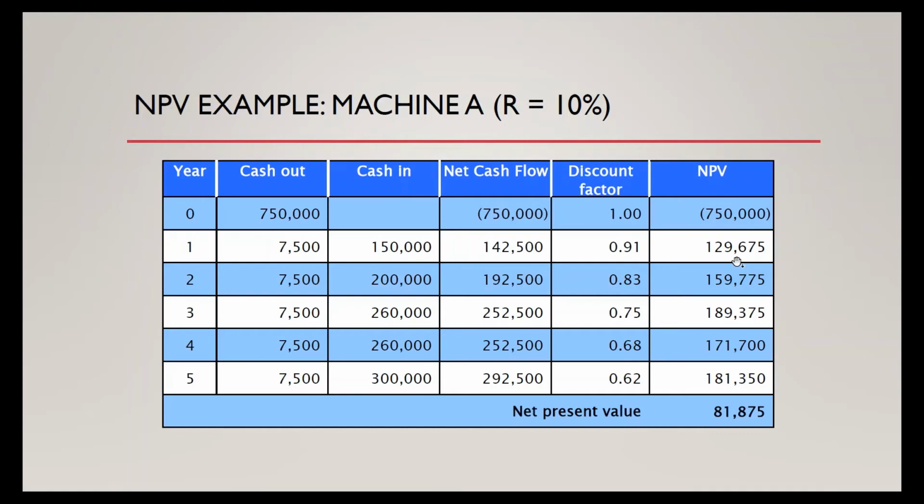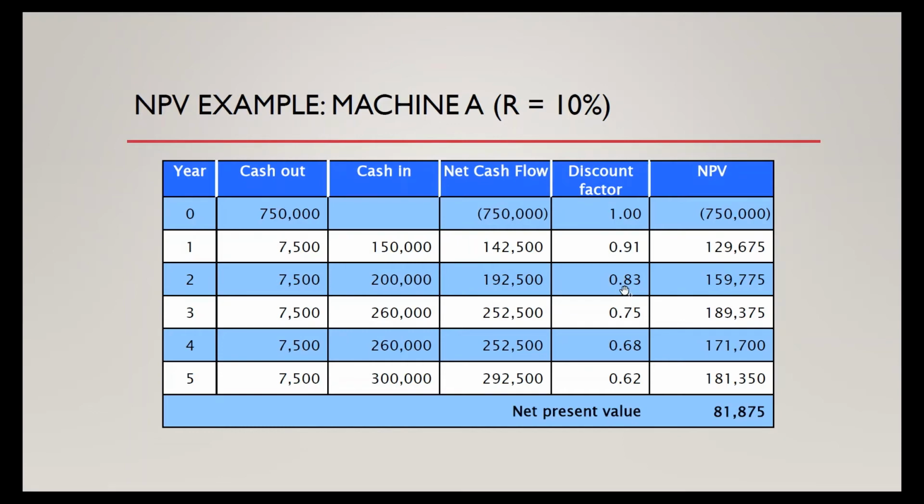We apply the similar pattern for all of the remaining years, which in this case, this 192.5 thousand comes from 200,000 revenue minus the 7,500 expenses. And we have to apply the discount factor of 0.83.